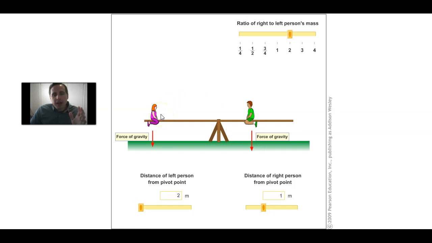Then we should have rotational equilibrium again, because this person has twice the radius, but the other person has twice the mass: twice the force but half the radius, twice the radius but half the force. Those balance in terms of magnitudes, and the positives and negatives cancel out. We are in rotational equilibrium.